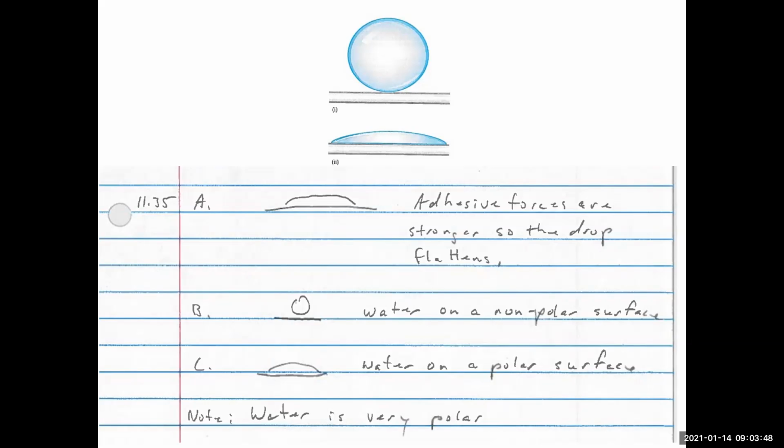So then if water's polar, if it's a polar surface, it'll have attraction. If it's a non-polar surface, then what will the water do? It'll be that beaded up look, right?